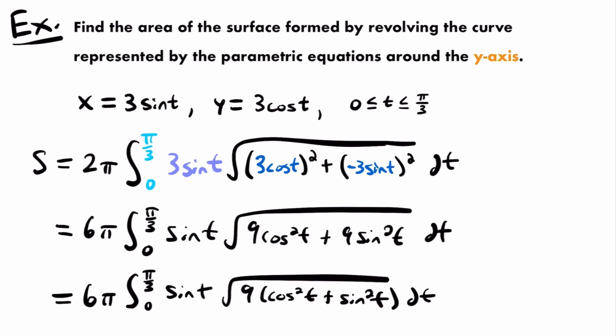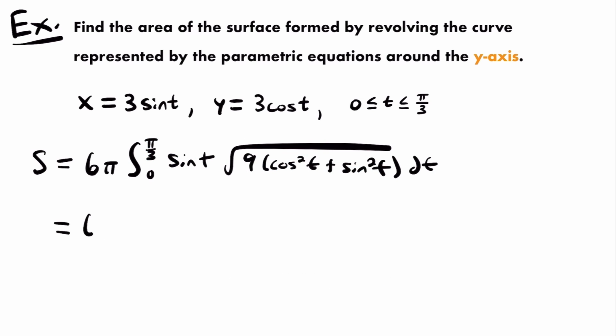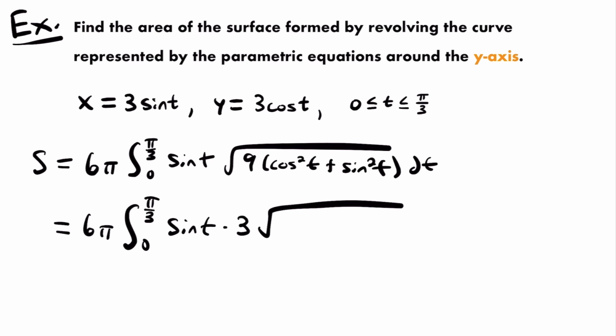And the square root of 9 is 3. And so what we'll have is that this is equal to 6 pi times the integral from 0 to pi divided by 3 of sine t times 3 times the square root of cosine squared t plus sine squared t dt.